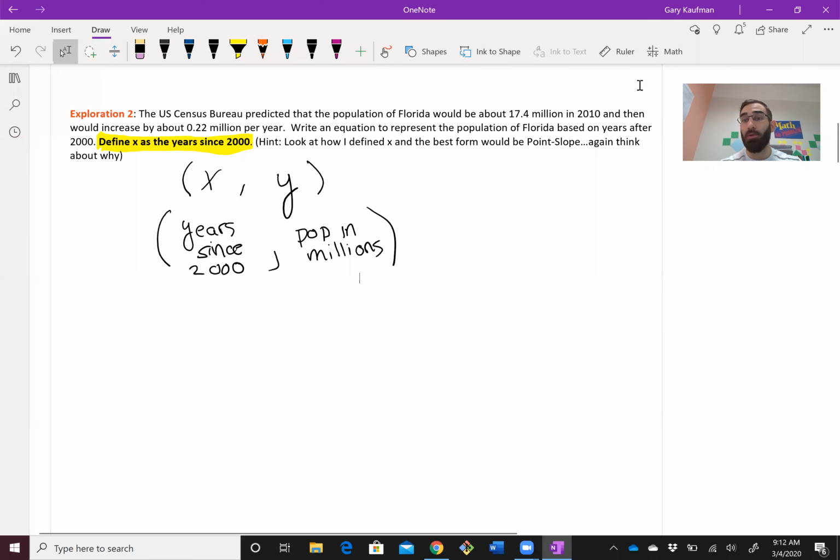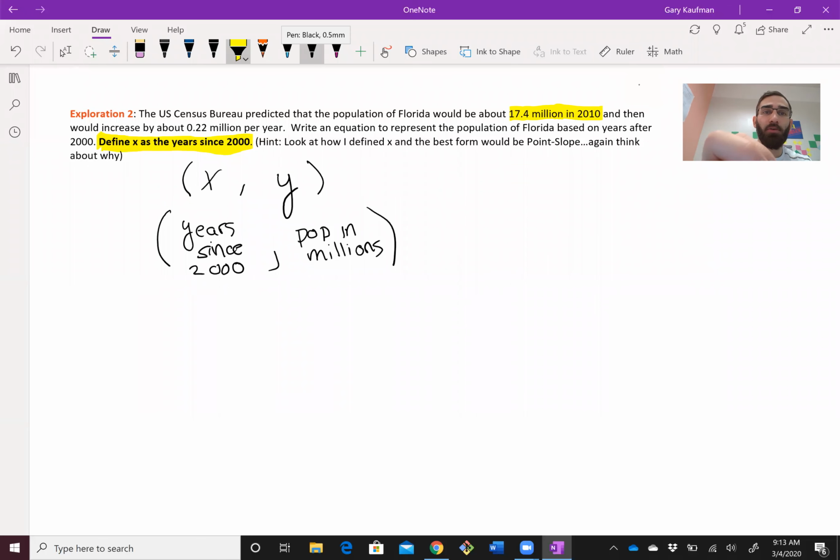So all I did was, again, write an ordered pair below, X comma Y, with the information. So I have the years since 2000, comma, population in millions. So I'm going to start looking through this for years that match up with population. So the US Census Bureau predicted the population would be 17.4 million in 2010. Well, that's a population and that's a year.